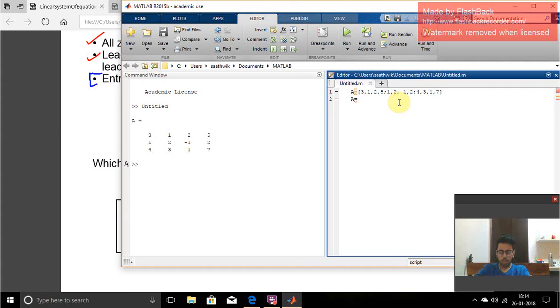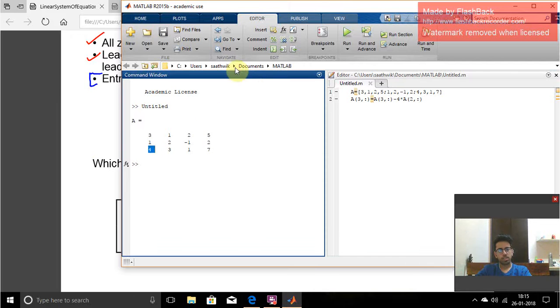We'll have our basic operation: A3 equals A3 minus 4 times this row, that is 4 times A2. On running this, we'll get this element as 0.